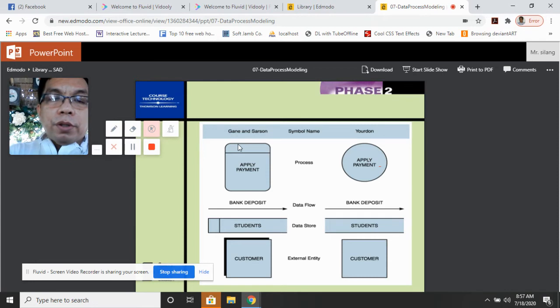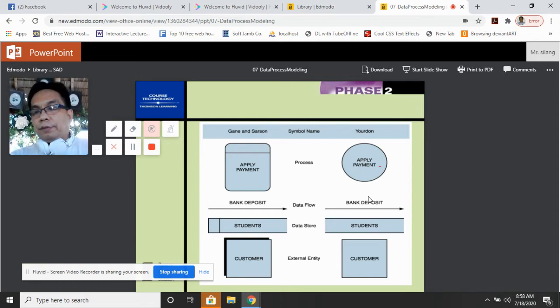So in some books, they are using these symbols. There are actually books also that are using these symbols, which were actually introduced by Yourdon. So in any case, whether the symbols used were from Gane and Sarson or Yourdon, the rules will be the same except for more or less the appearance of the symbols.